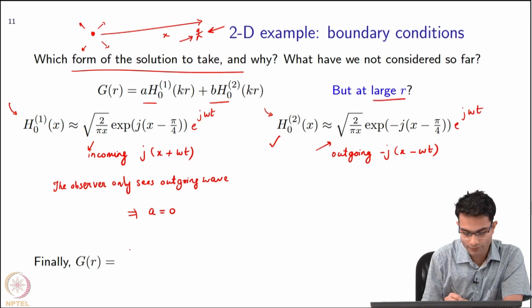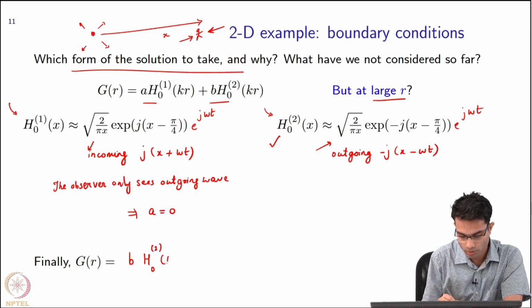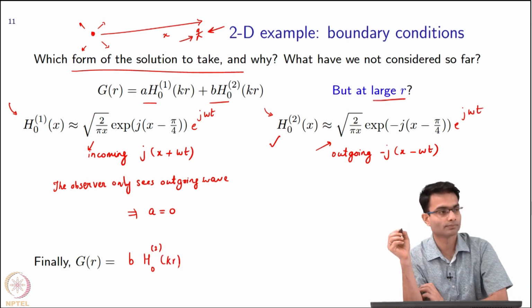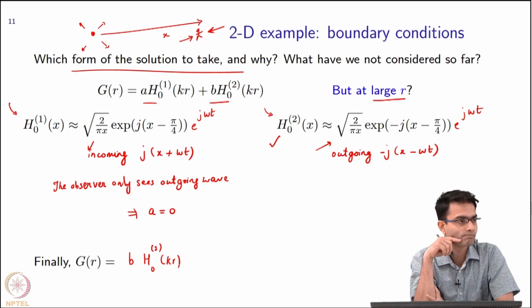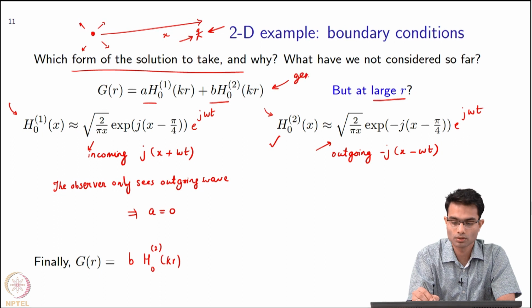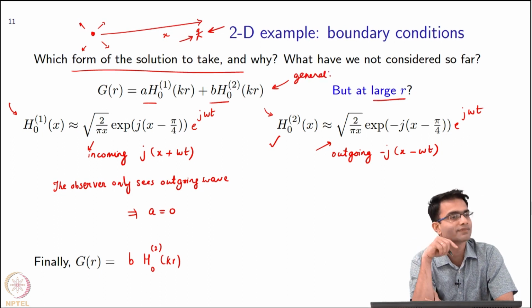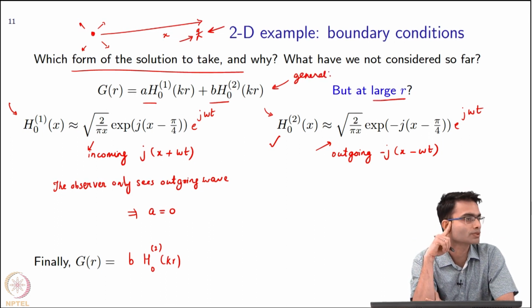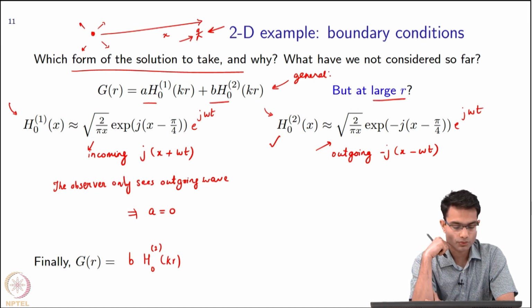So, therefore, I can write that the final form is B H0 to the k of r. Okay. So, we started with a general solution over here, and we said physically that A is equal to 0 is the only meaningful thing, and that gives me this. So, is my problem done?